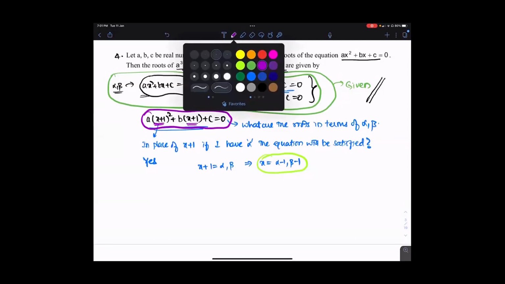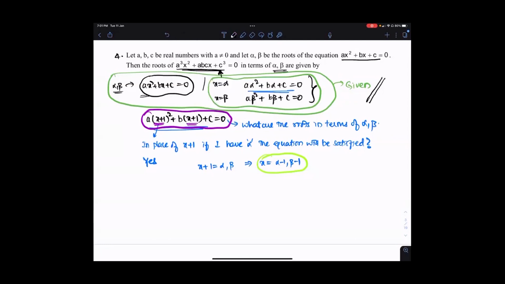Now try to write in that form. Here a is there. Very good. But here I can write ax whole square plus b into, here abcx is there. If I take b common, then it will be acx which will be remaining, plus c cube. Now this is still not in this form.